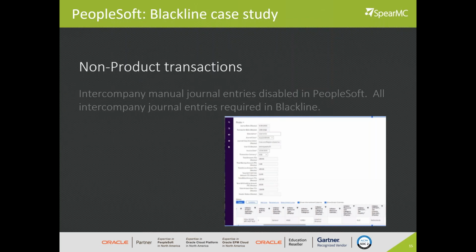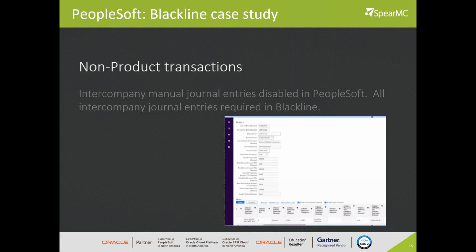So another decision made pretty early in our project is that unlike the subsystem intercompany, the manual general ledger intercompany journal entries were not working as well for us. We had too much flexibility for our users. While regular single business unit journal entries, we wanted to keep those in PeopleSoft because that was working well.